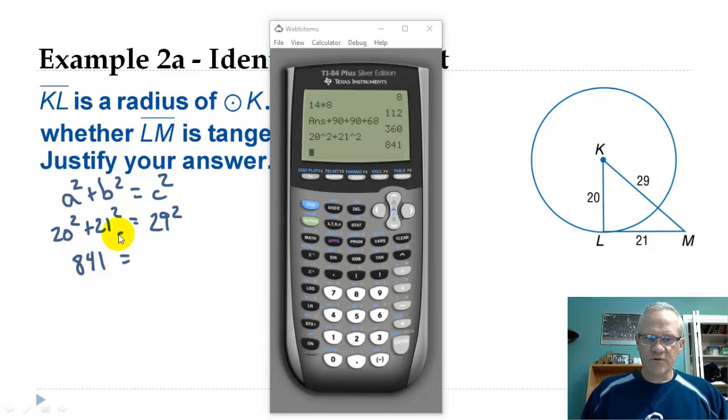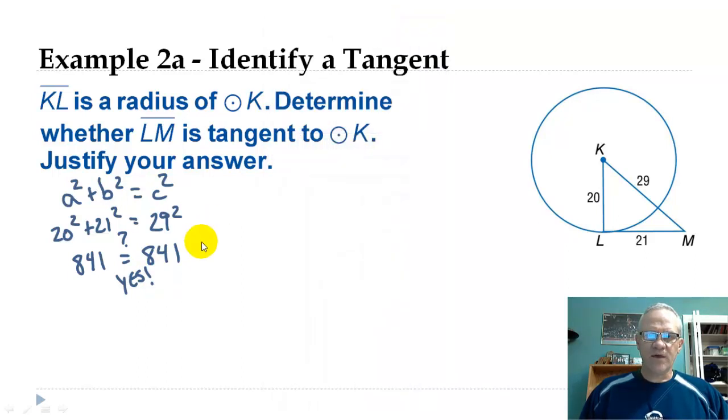So let's see, will this equal 29 squared? So 29 squared is 841. And so yes, those do equal each other, and there was much rejoicing. And so therefore we can say LM is tangent.